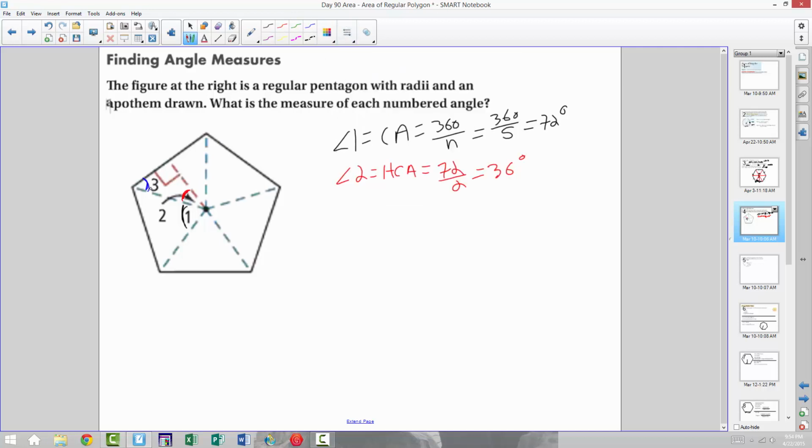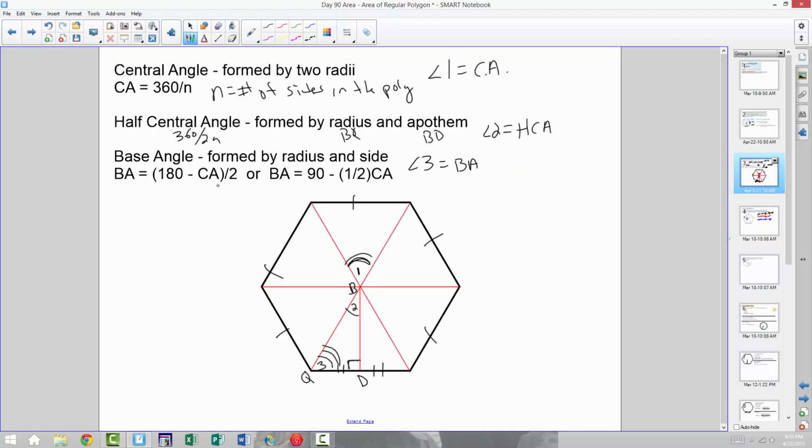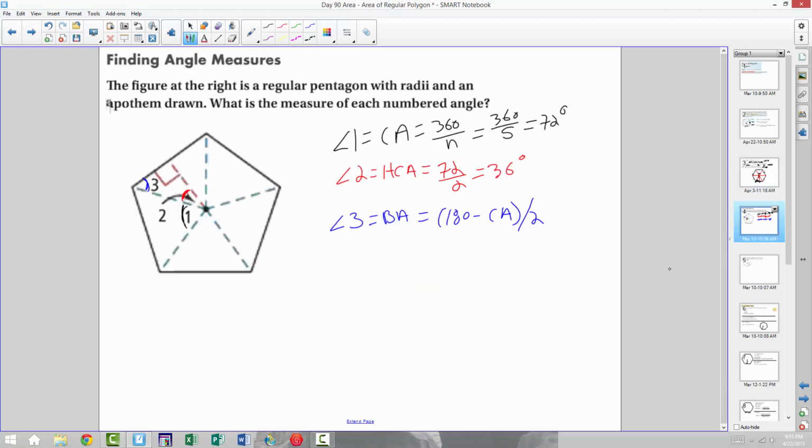And then angle 3 right here, angle 3 is my base angle, and that's going to be equal to 180 minus my central angle divided by 2. Well, how did I know that? It's right here. 180 minus central angle divided by 2.